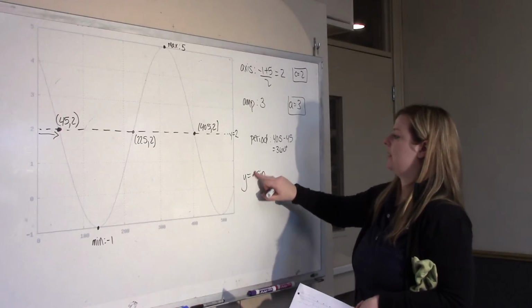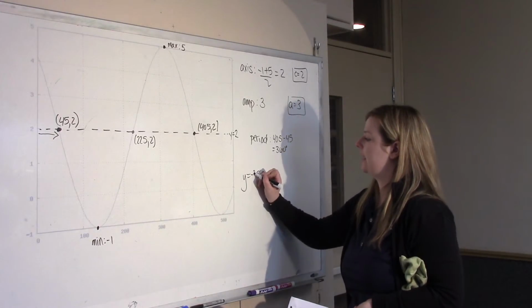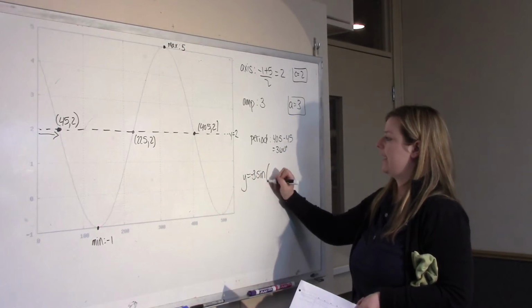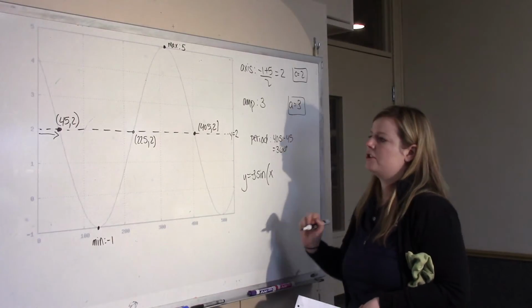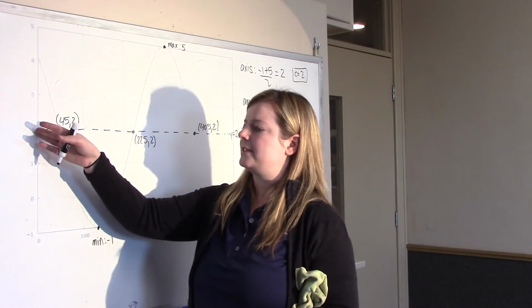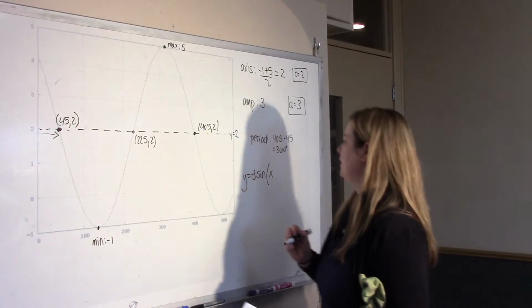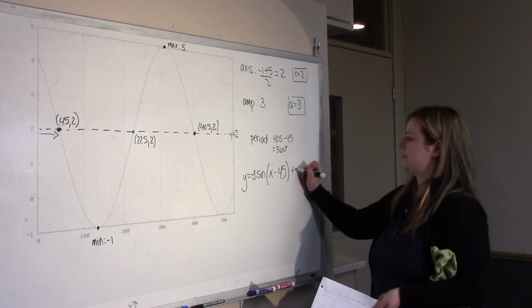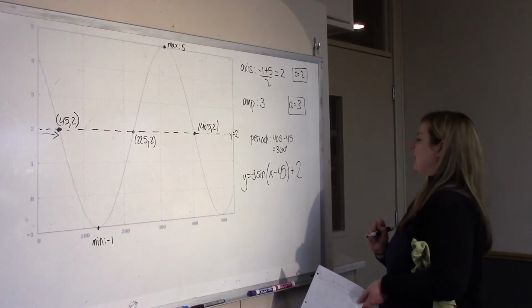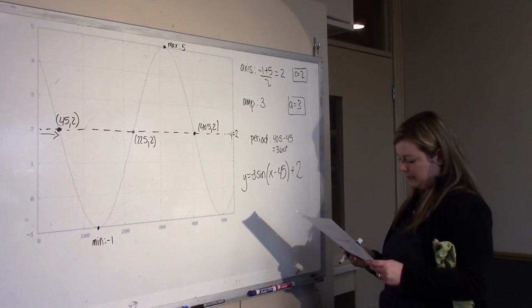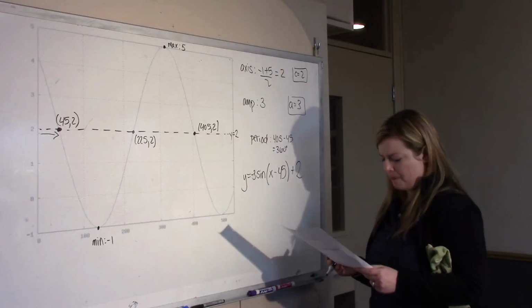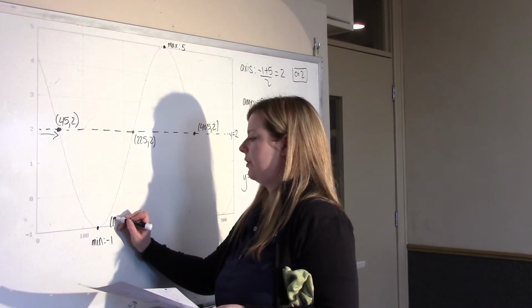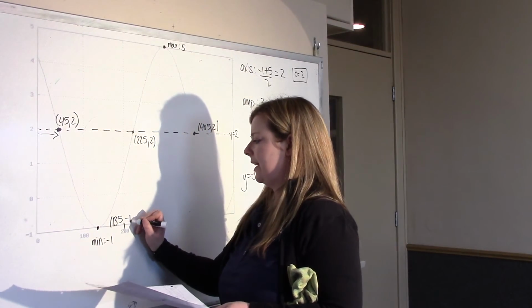Oh, and I forgot the A value, so -3 sine. Then we need a phase shift, so if this was normal negative sine, it's been moved over 45, so we do minus 45, and then plus 2. That's one option.